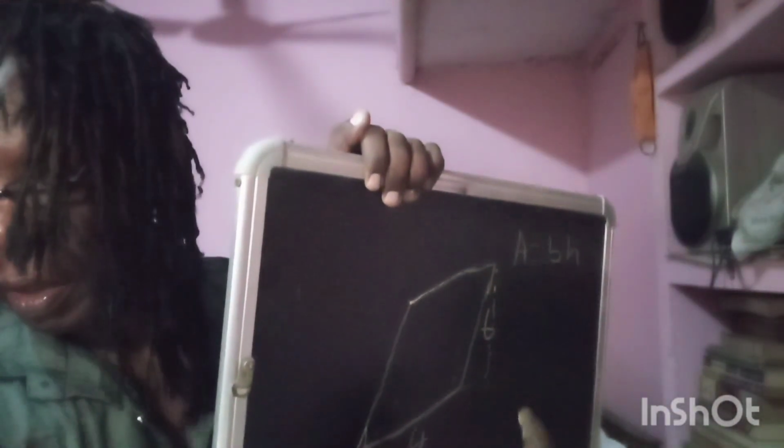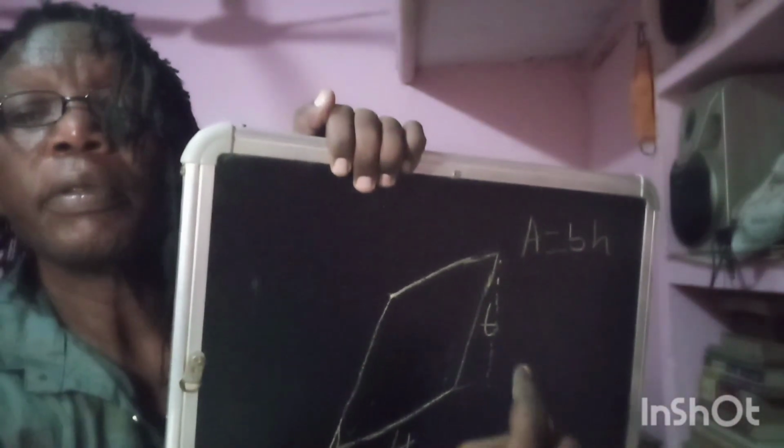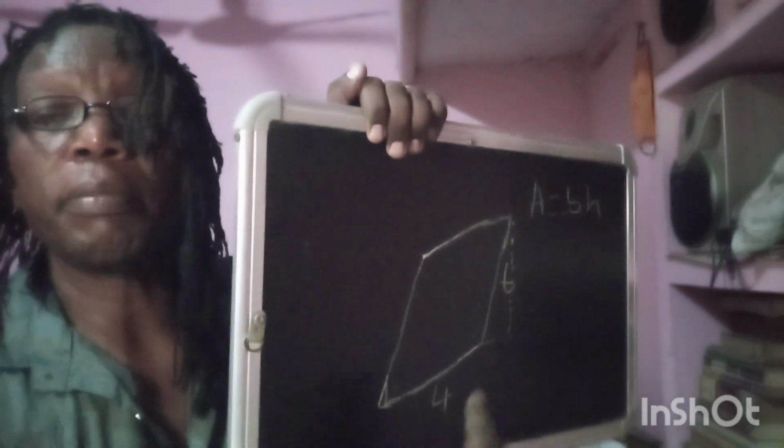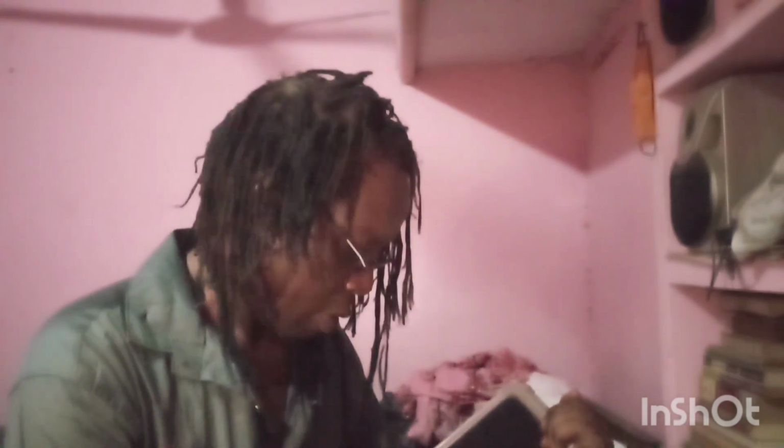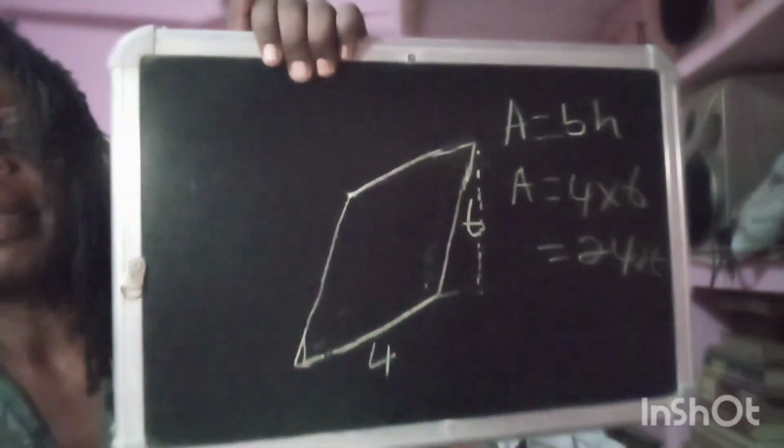So the height is 6. To find the area, it will be 4, being the base, times the height, which is 6, and we get 24 units, feet squared if it's feet, or meters squared.